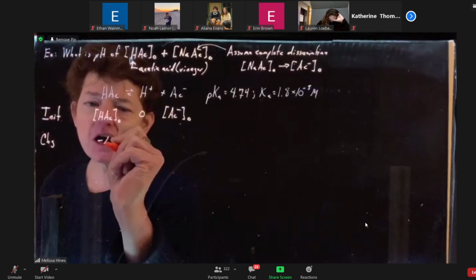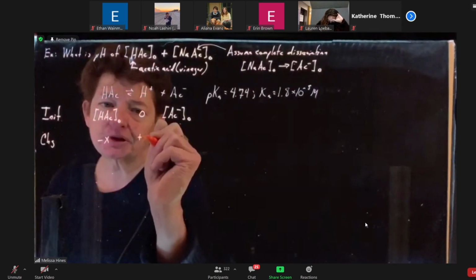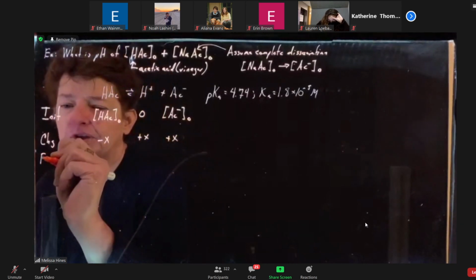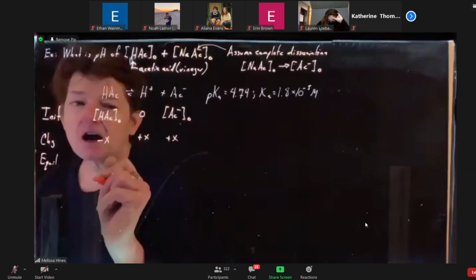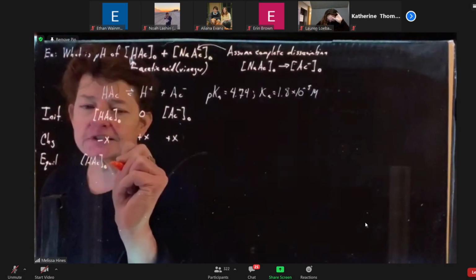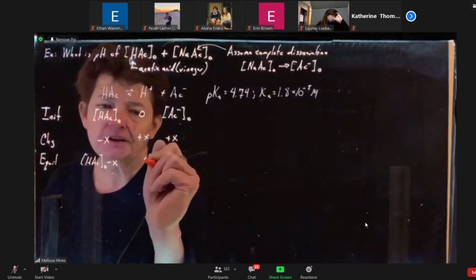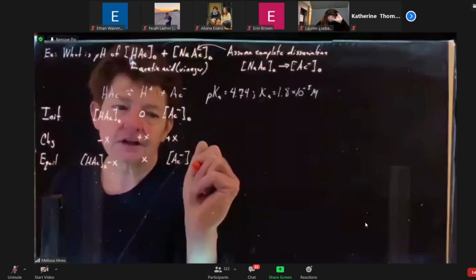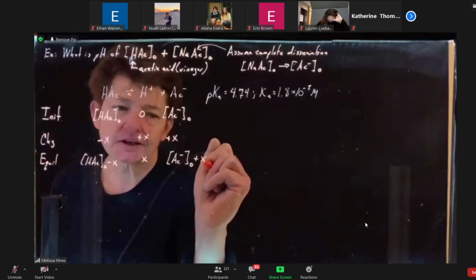So we'll have minus X acetic acid, plus X protons, plus X acetate. Then we will come to equilibrium. Our equilibrium concentration will be the initial concentration of acetic acid minus X. Then we'll have X, then the initial concentration of acetate plus X.